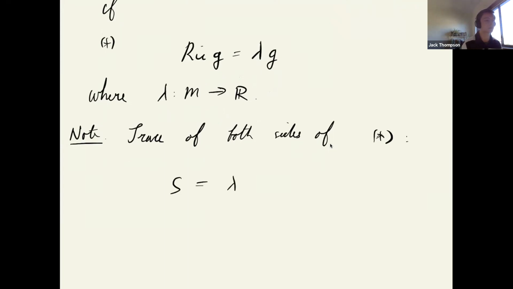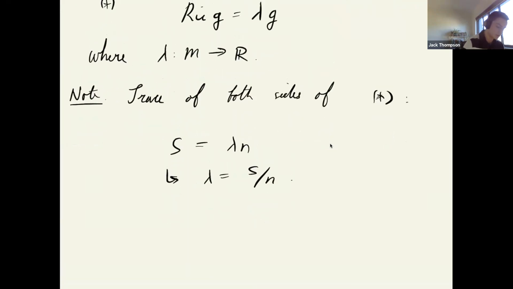And when I take the trace of the metric, I get the dimension of the manifold, which is n. So we can explicitly compute that lambda has to be the scalar curvature over the dimension of the manifold.